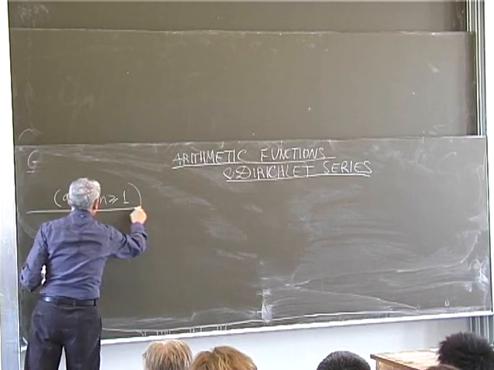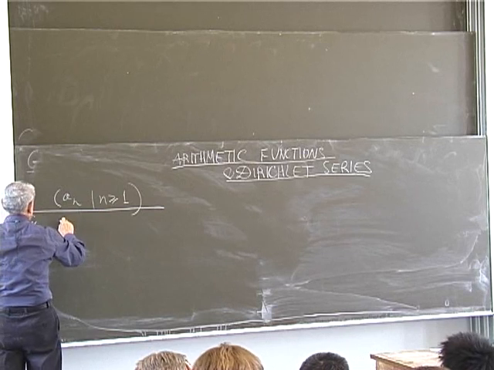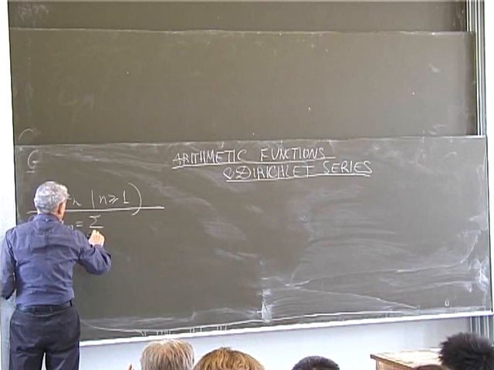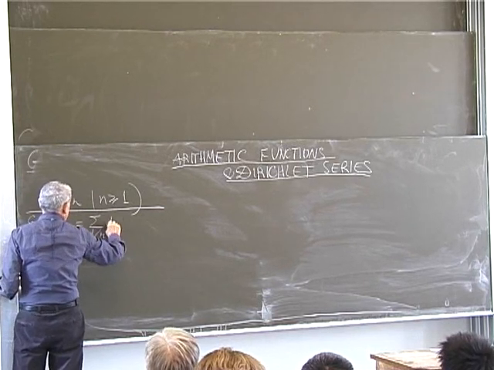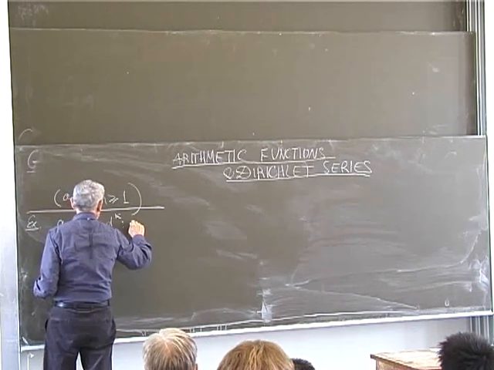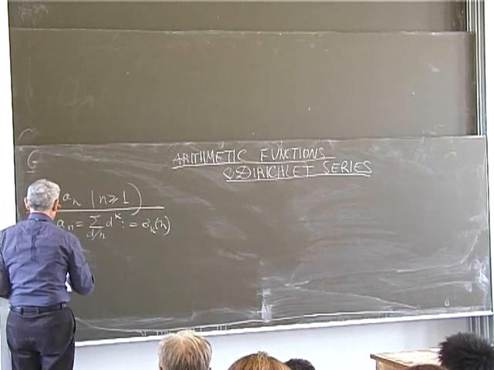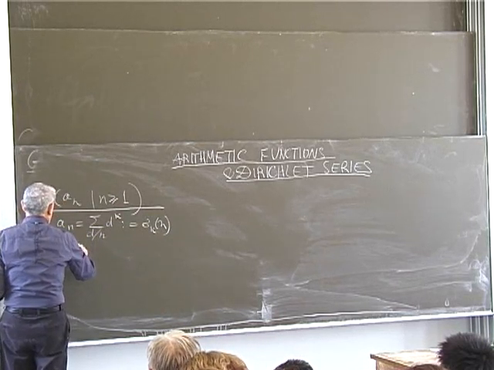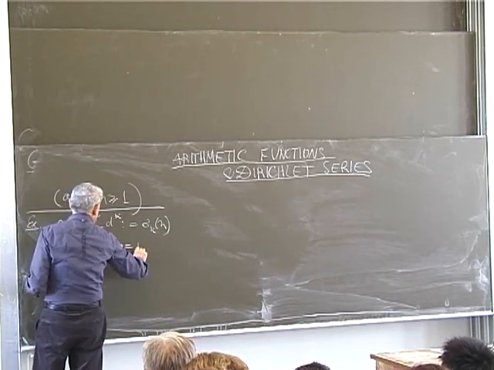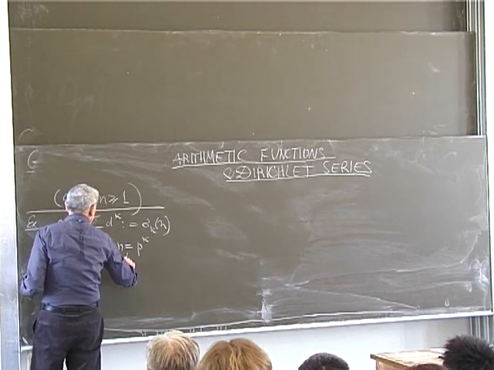Like, for example, the number of divisors of n, or the sum of some powers of divisors of n, denoted sigma k of n. Or else just 1 if n is a prime, or say a power of a prime, and 0 otherwise.